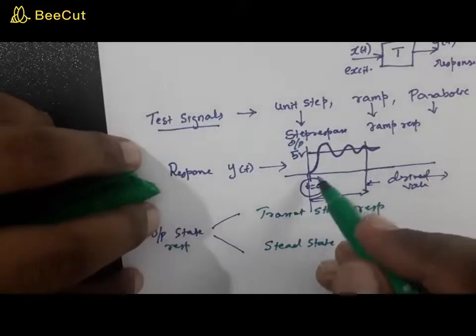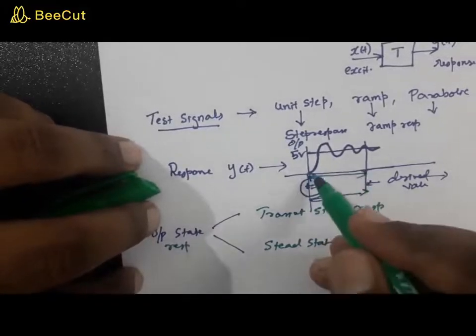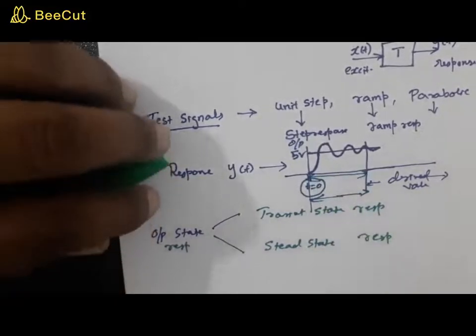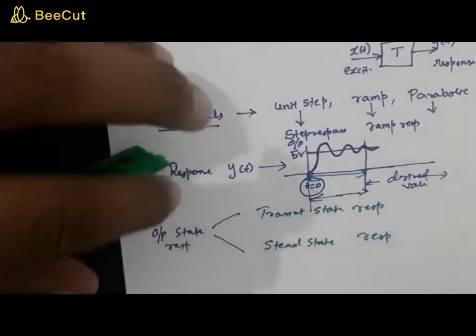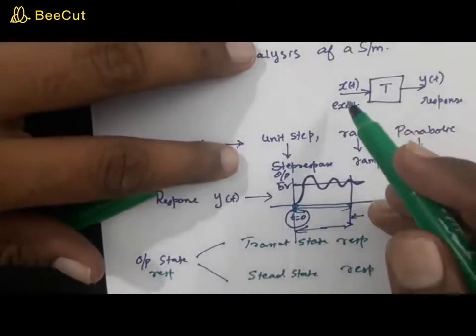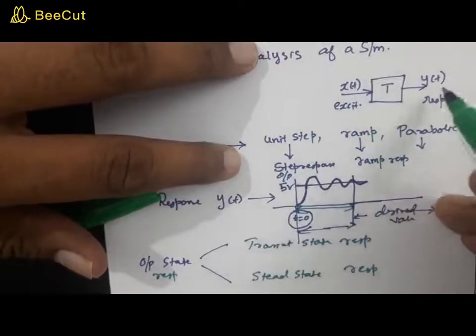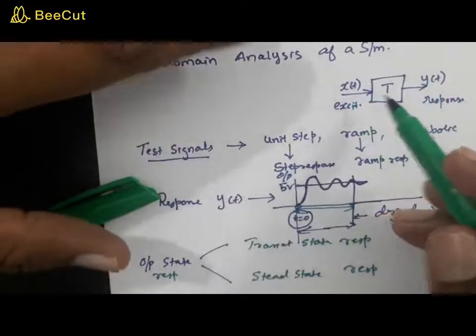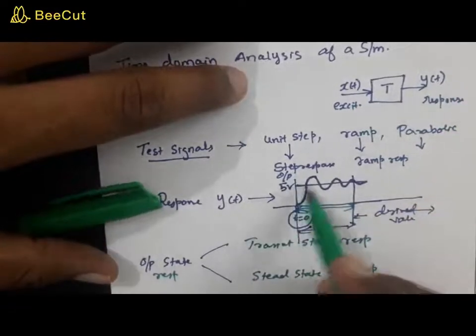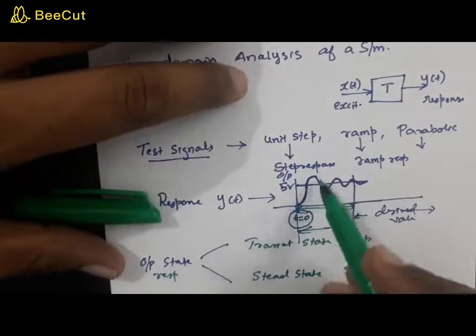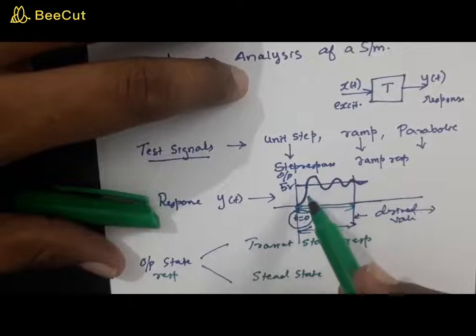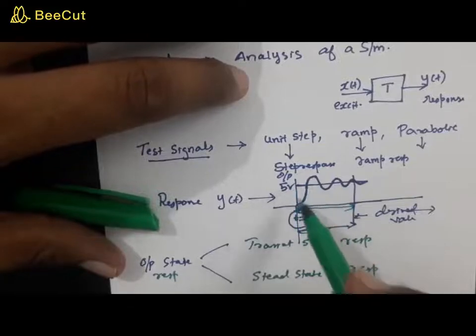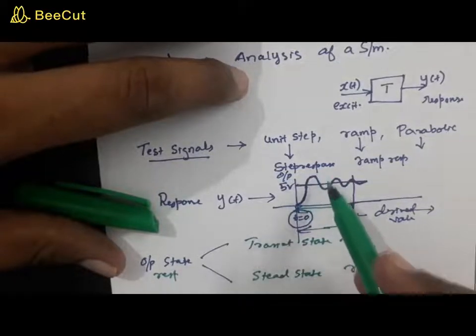So the response can be classified as transient state response and steady state response. Up to this point the system is in a transition. Even before the application of the input, this was at 0. Now when you excite with a particular input, the desired value is 5 volt, but you get a graph like this, meaning it's not exactly at 5 volt at t is equal to 0, but later we can see that it is oscillating around 5 volt.